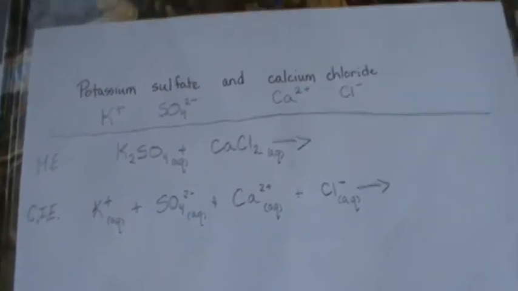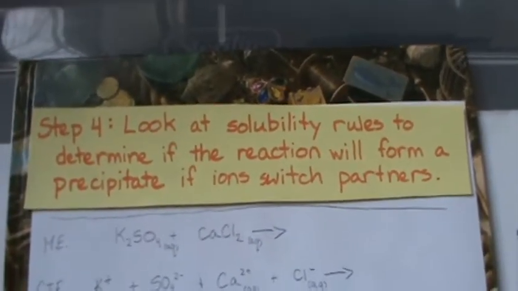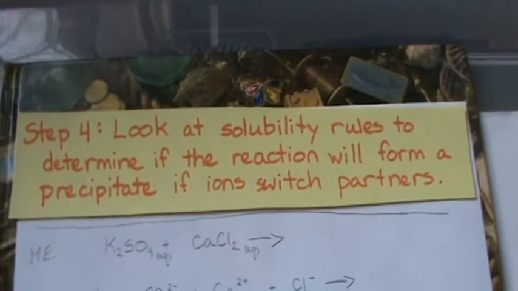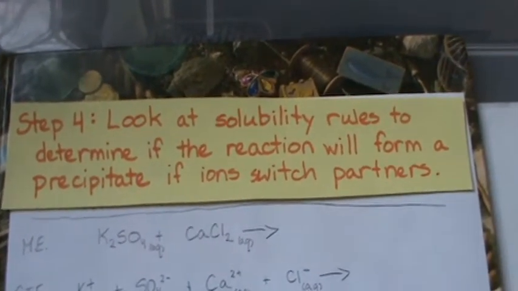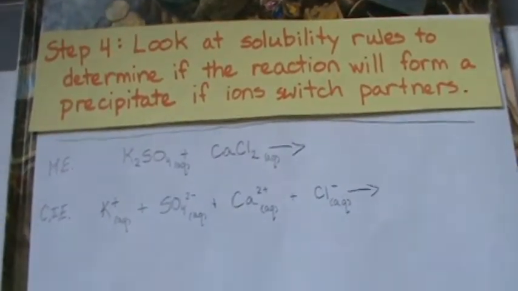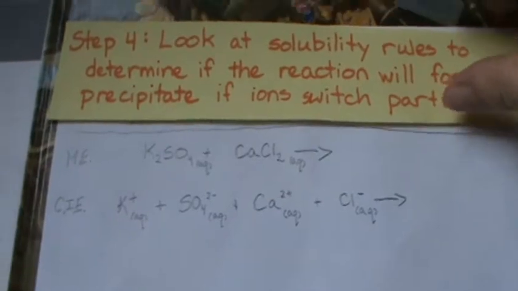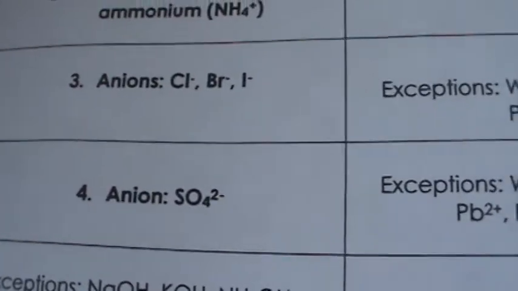Now my step 4 is to look at the solubility rules to determine if the reaction will form a precipitate if ions switch partners. Okay. So I'm going to come over here and I'm going to look at my sulfate.